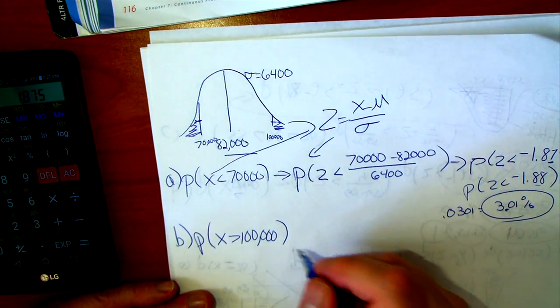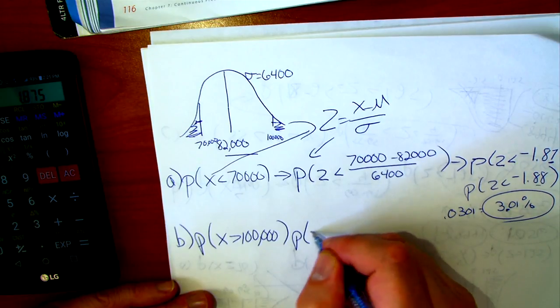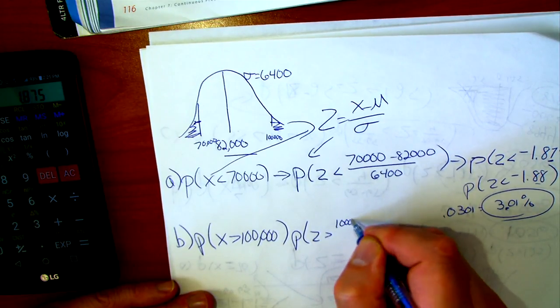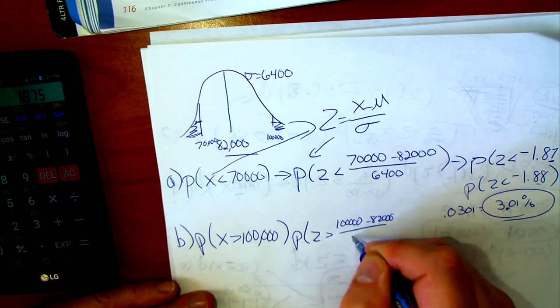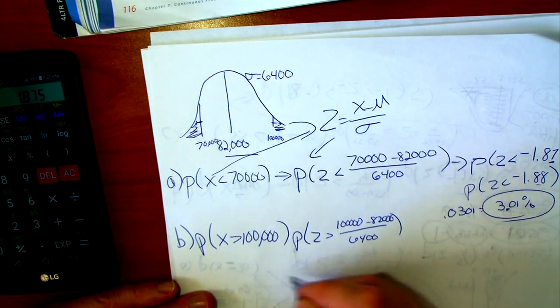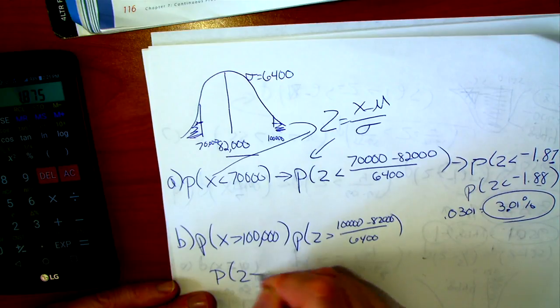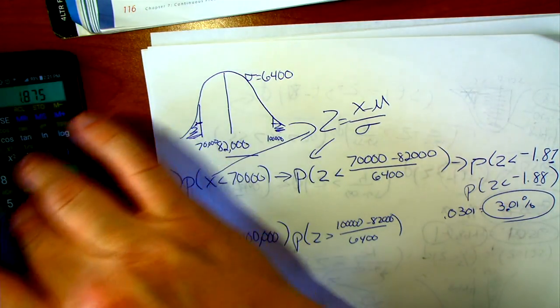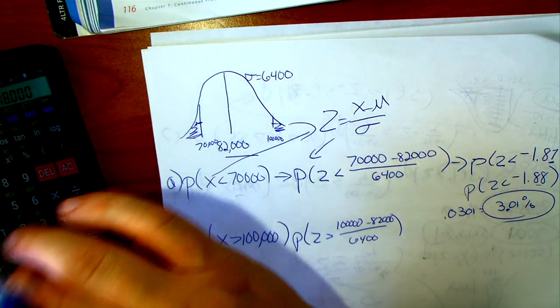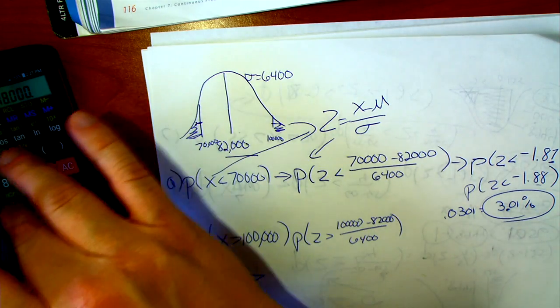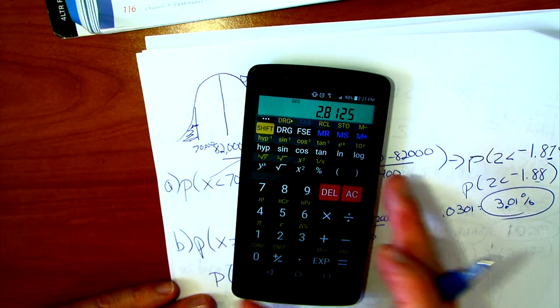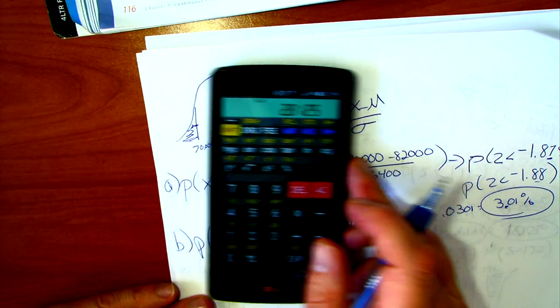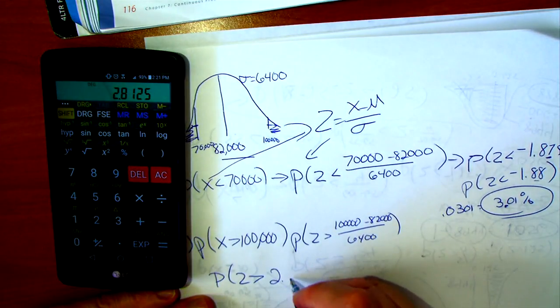Let's convert that x value to a z value. 100,000 minus 82,000 divided by 6,400 gives me the probability z is greater than, that's 18,000 in the numerator divided by 6,400, which gives me 2.8125. The probability z is greater than 2.81.